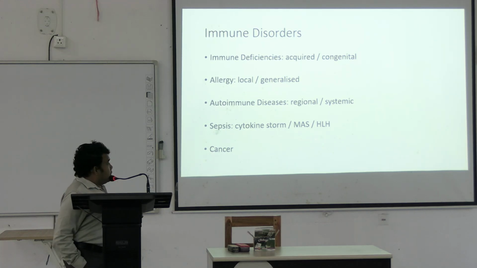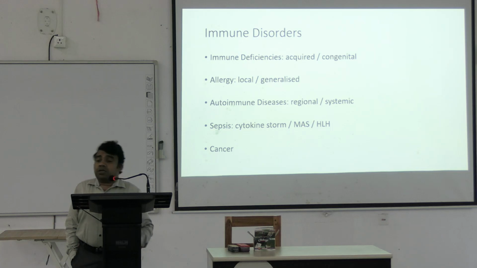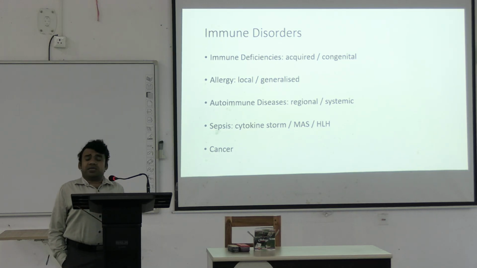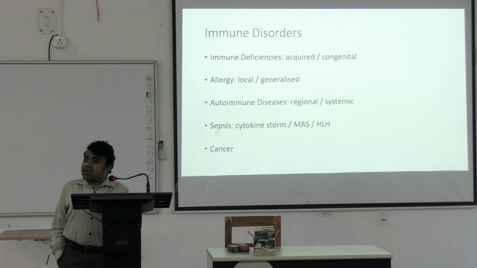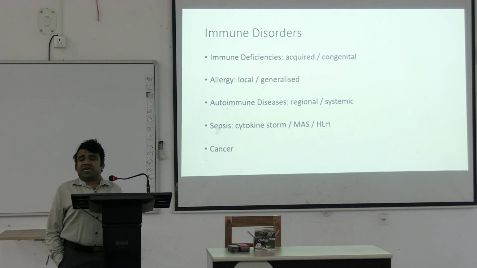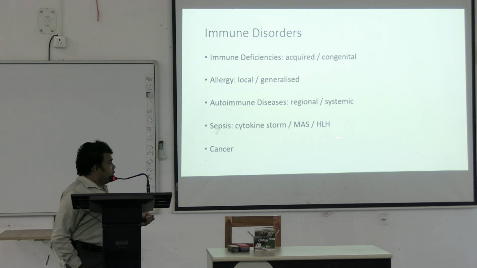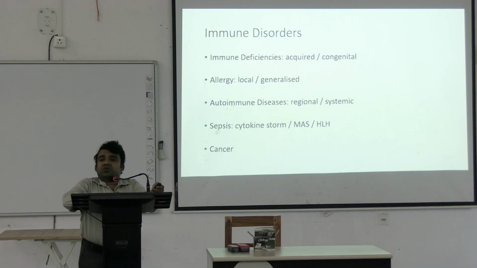Many times, this cytokine storm may end up in what is called macrophage activation syndrome. That means in almost all tissues, the tissue macrophages are activated significantly, resulting in local tissue destruction. This is called macrophage activation syndrome. Another disastrous consequence, in response to this cytokine production in the bone marrow itself, is something called hemophagocytosis.